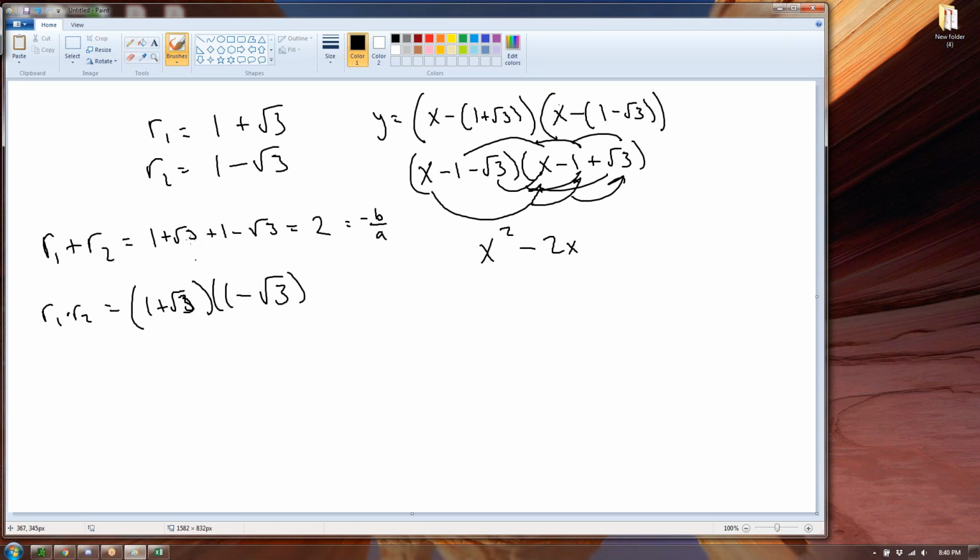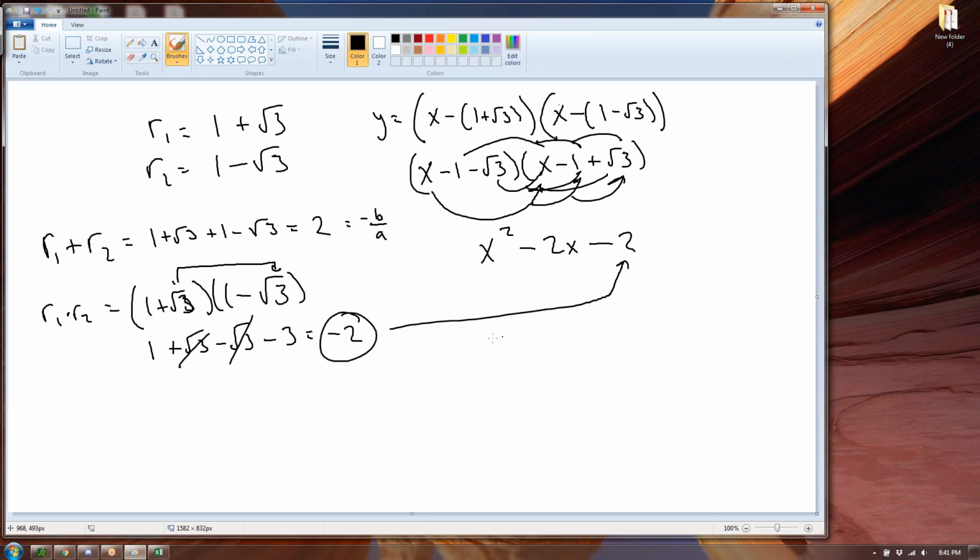So the middle terms of the FOIL all drop out. If you FOIL it out, it'd be 1 plus root 3 minus root 3. Those drop out. And then the last term, when you multiply those, it just becomes a minus 3. This becomes a negative 2. And that negative 2 is your product. So that would be your c over a term.